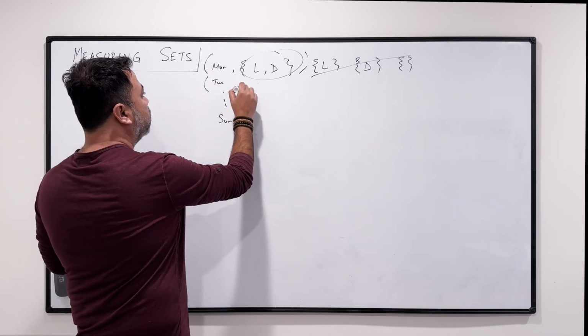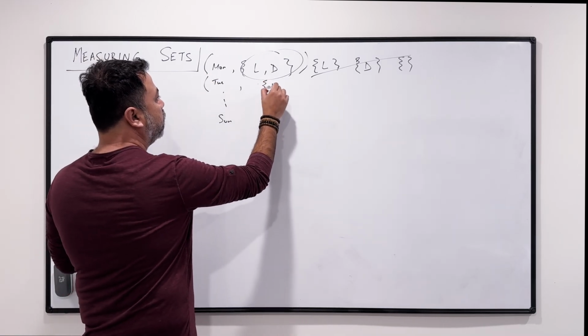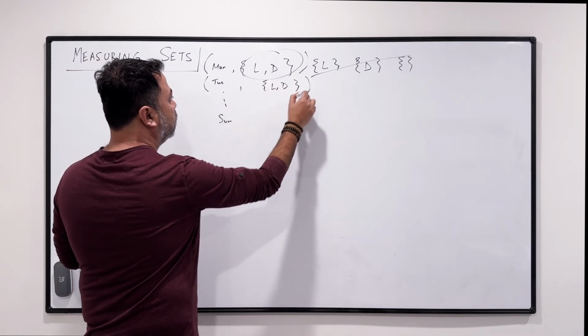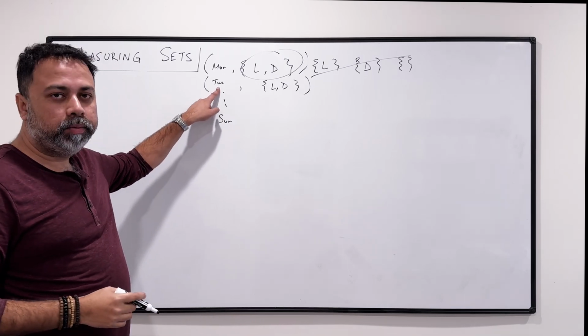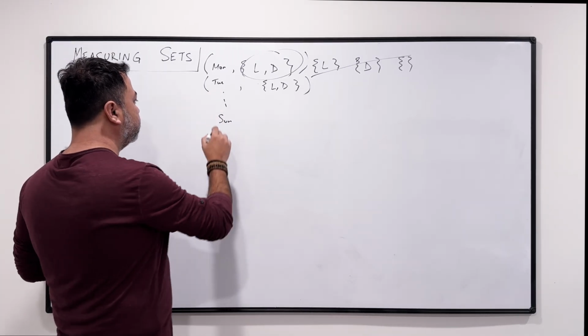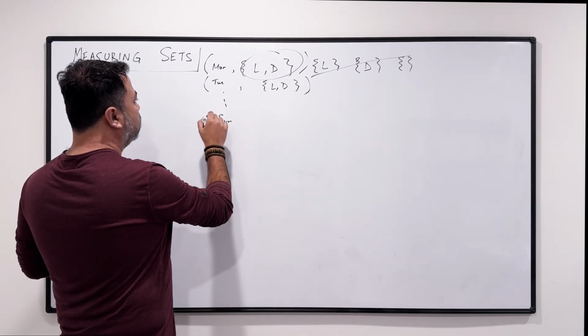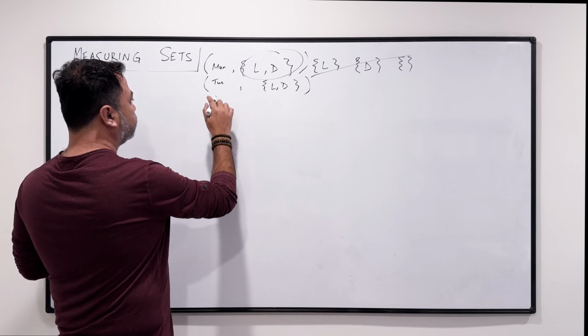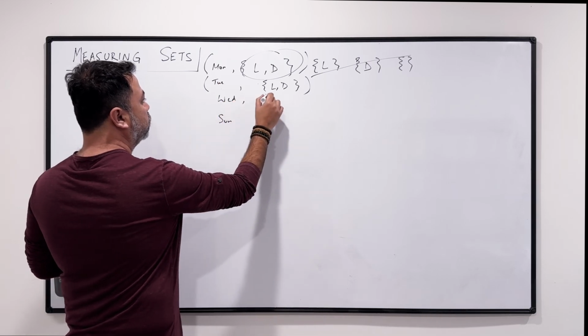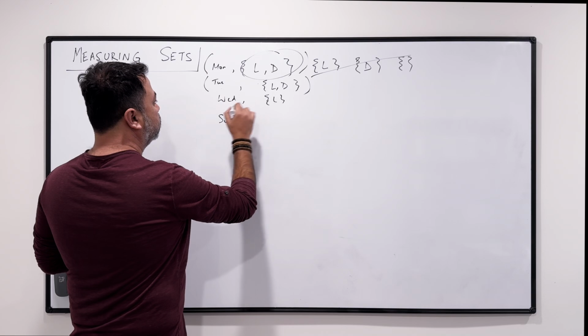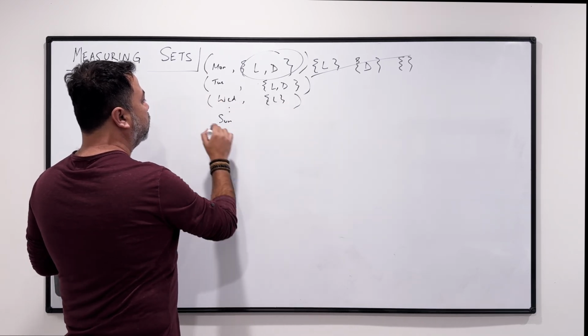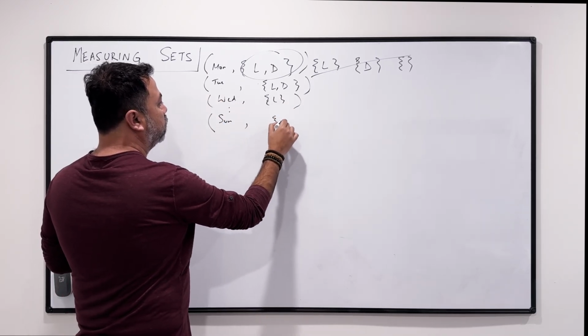And Tuesday you're going to have maybe L and D again. That's fine. You still retain some information that it came from Tuesday. And so on and so forth, and maybe Wednesday you did just the lunch shift, and let's say Sunday you did a dinner shift.